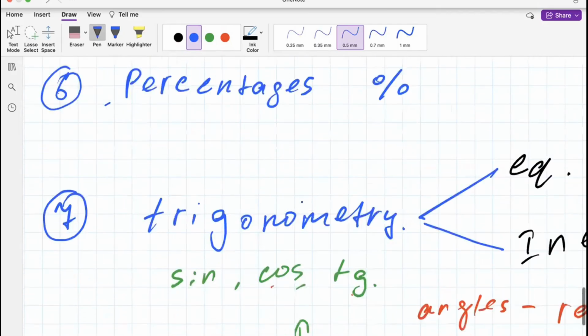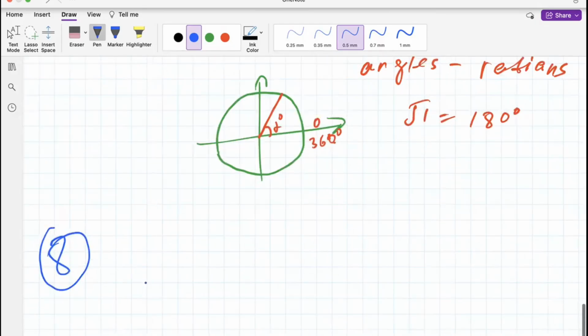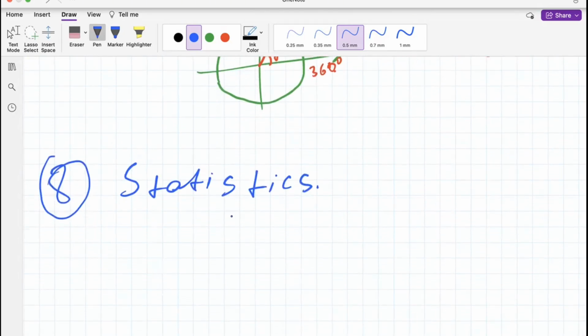Okay, and the last part for Толк-ай is the level, let me write, kind of a boss level. The last level of math for Толк-ай would be statistics. So in order to overcome statistics, we start with easy topics such as mean. What is mean? Mean is the same as the average of the set.